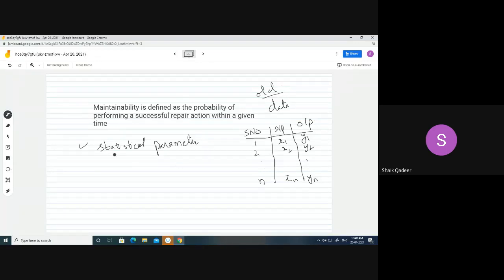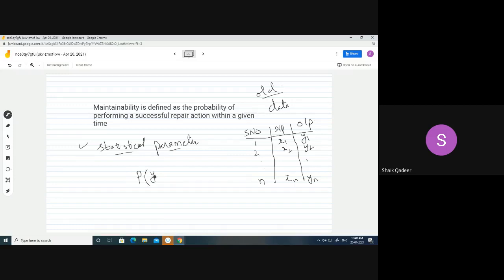So in case of maintainability, we will try to calculate the probability of getting the same output when we try to measure at different times.